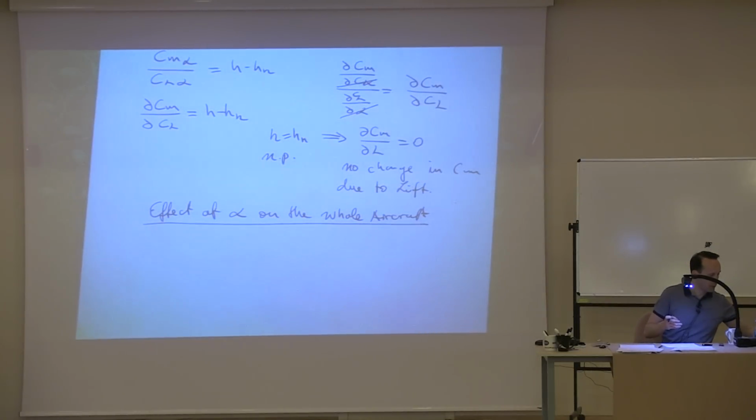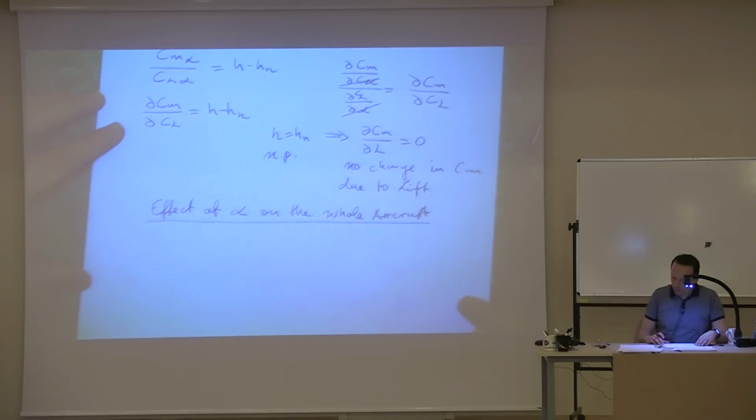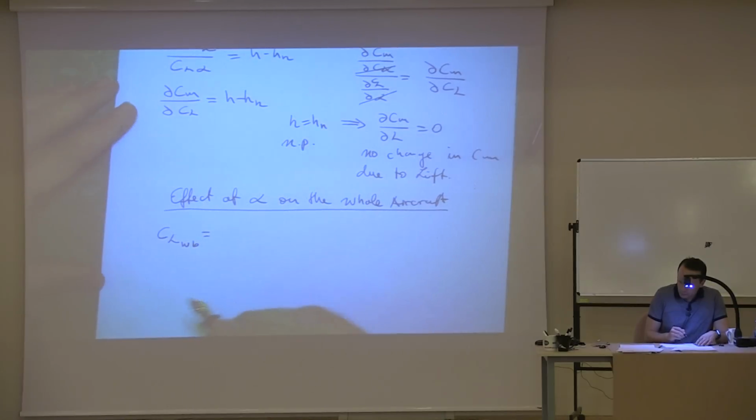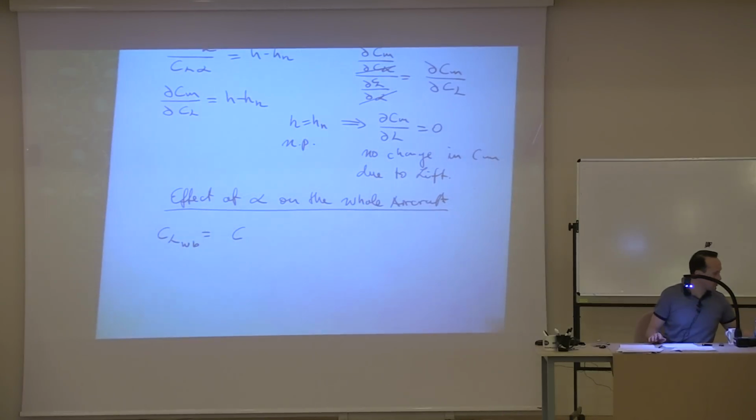Let's put this one over here. Okay. So the way we're going to approach this is that CL of wing body is equal to... no, this is wrong.